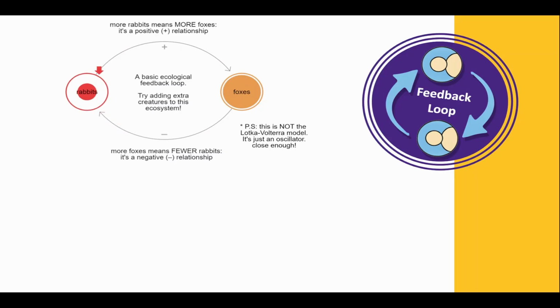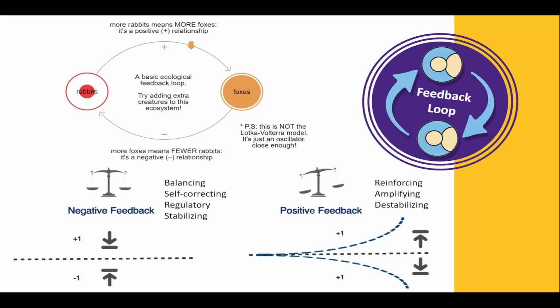Now, there are different names for these two feedback loops, and I prefer to use those instead of negative and positive, because it seems that a negative feedback loop has a negative impact on the system. In fact, in reality, that's most of the time the opposite.